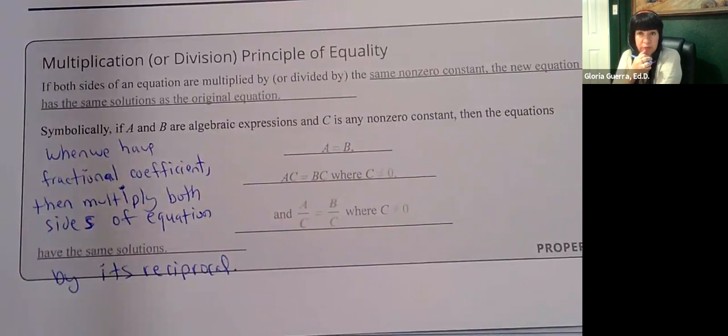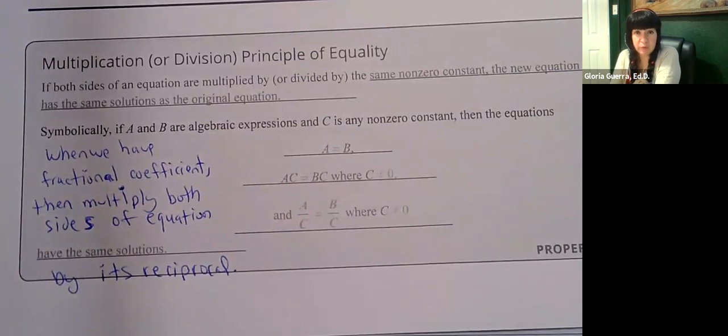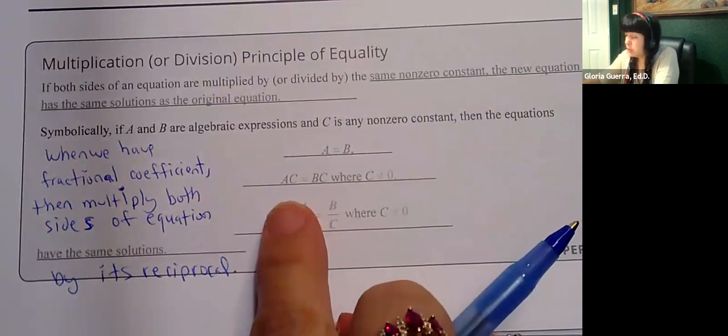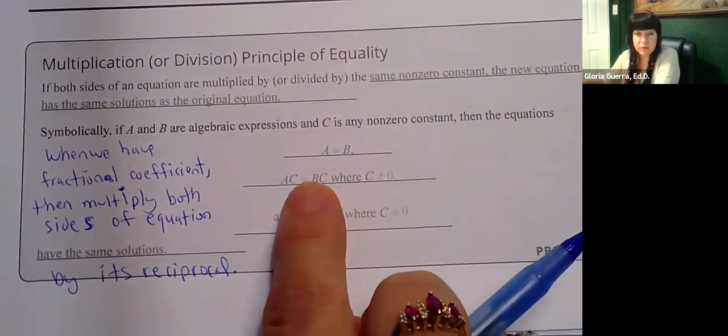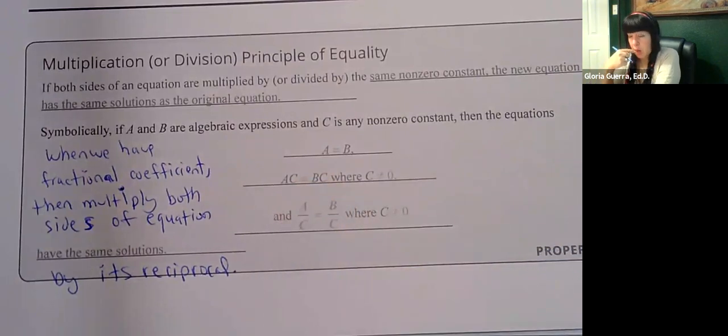When you have a fractional coefficient, you multiply both sides by its reciprocal. They're just saying generically that they're going to multiply both sides by C, but we're saying it's the reciprocal.